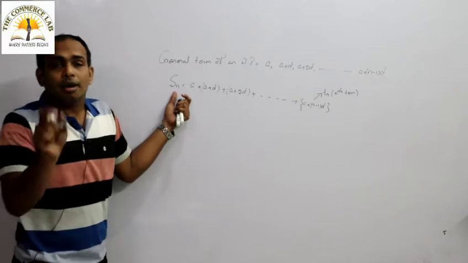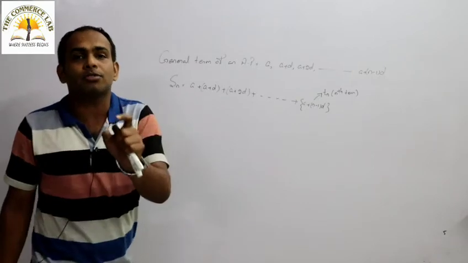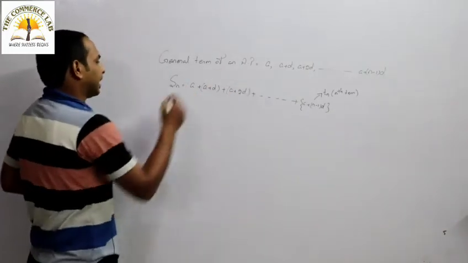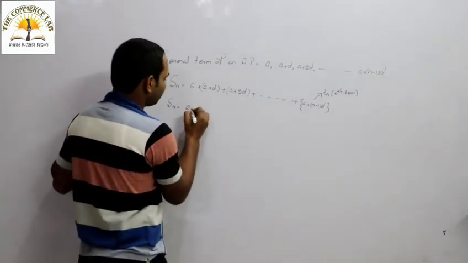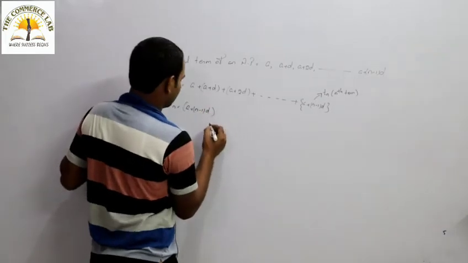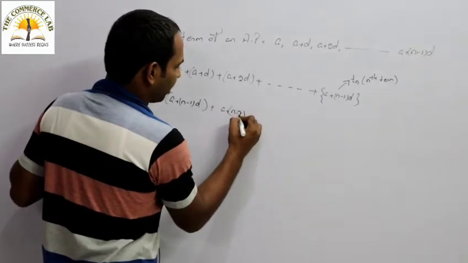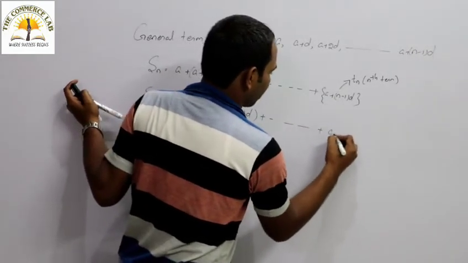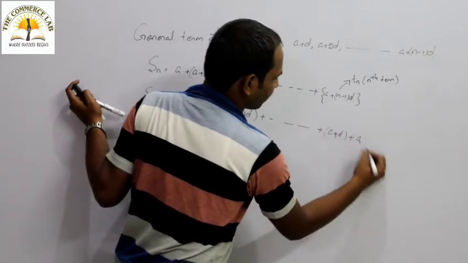Sn is the sum of n number of terms of an AP. So Sn is this one. It can also be written as Sn equal to first a plus n minus 1 into d, plus a plus n minus 2 into d, up to a plus d, plus a.